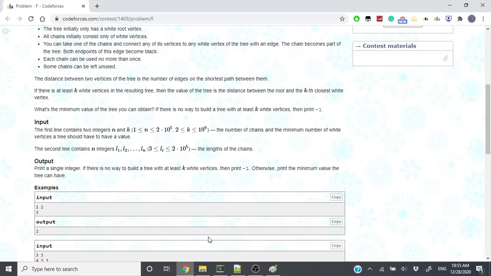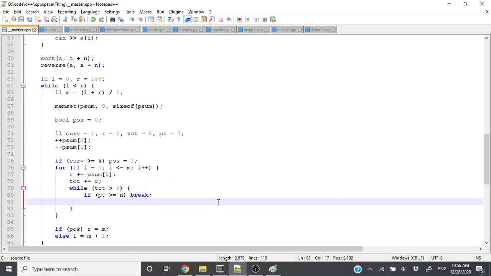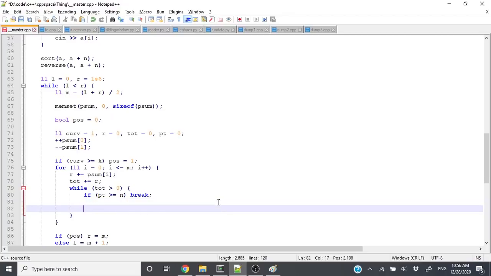So while total is greater than 0, let's see. Oh, wait.